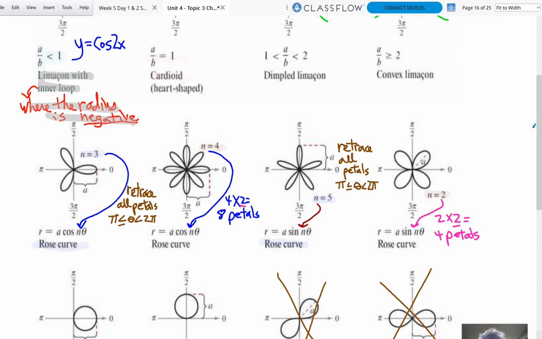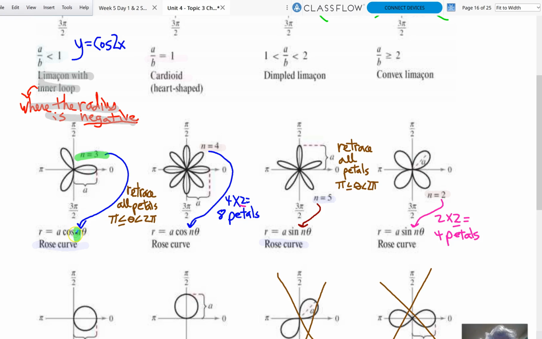Now, a rose curve is unlike the limacons. It's all determined by the B value and the amplitude. But just as a reminder, when n is 3, n is the B value, that number in front of the theta after cosine.